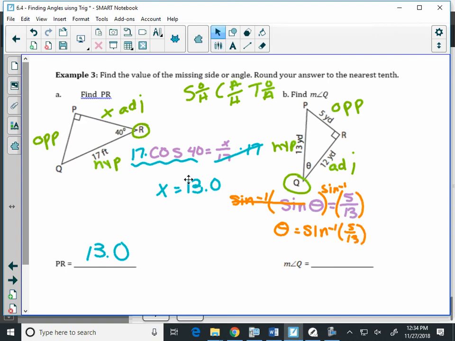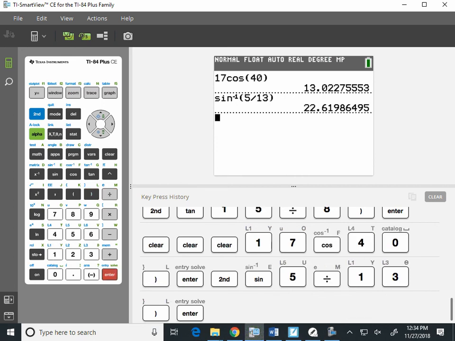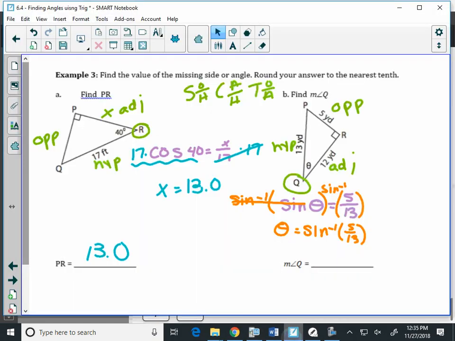You're going to hit second sine, 5 divided by 13. Then we round to the tenth. Our angle is 22.6. Technically, it's degrees because it is an angle.